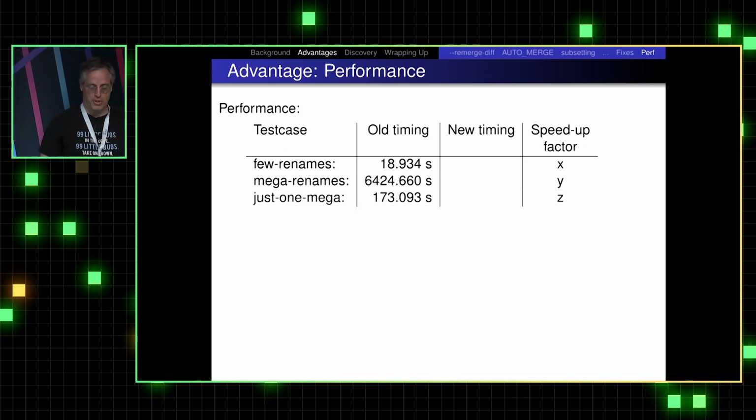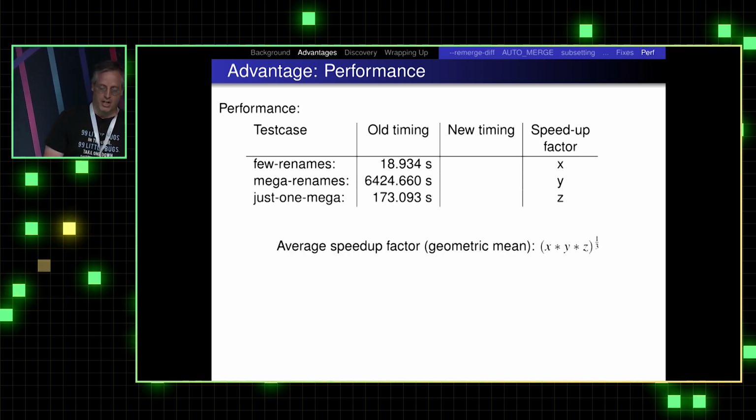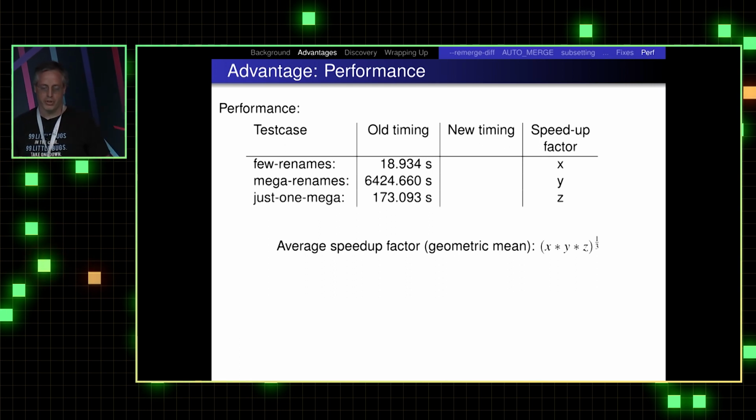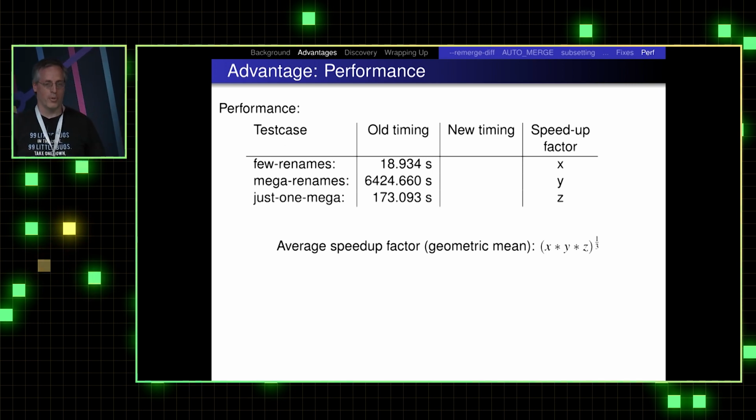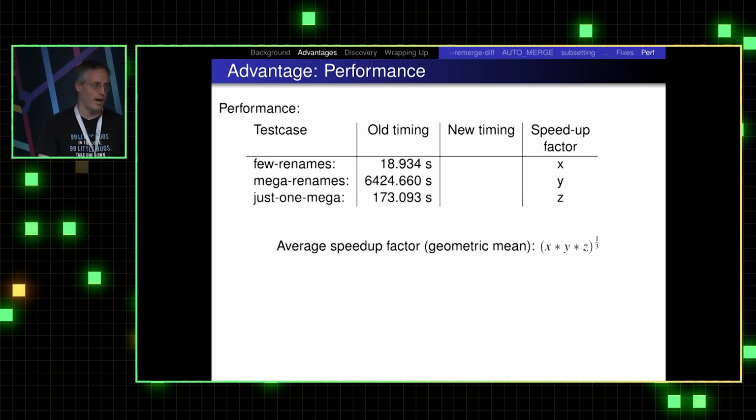And because I don't want to present 3 speed up factors, I'm going to take an average of those, a geometric mean in this case, and then I'll be able to report a single speed up number. And there's actually several optimizations that I have. I'm not going to be able to talk about all of them today. I'm only going to talk about the ones that are intrinsic to how Git operates or how merges operate.